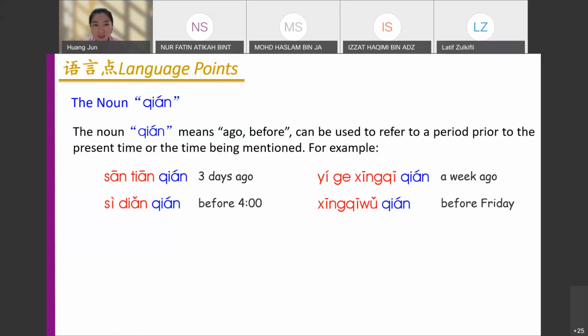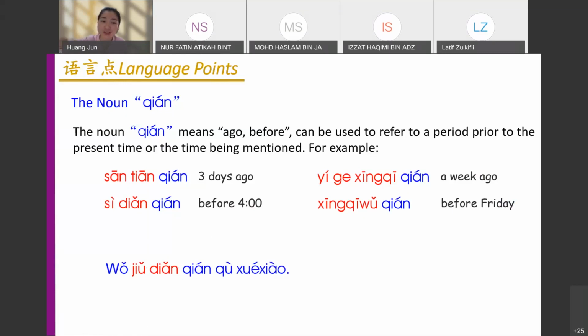Then continue, we got 我9点前去学校. Understand it? Right now it's a long sentence. I check whether you understand or not. 我9点前去学校. I give you time, so make sure you follow.